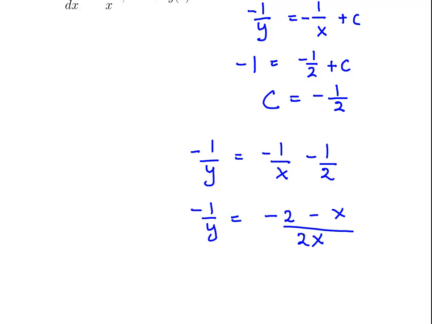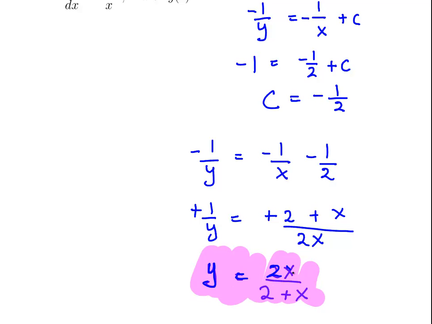Okay, and we can get rid of the minus signs, so we have 1 over y equals 2 plus x over 2x, and therefore y is equal to, just invert above and below, 2x over 2 plus x. That's a nice tidy answer there. So again, it is y is equal to 2x over 2 plus x.